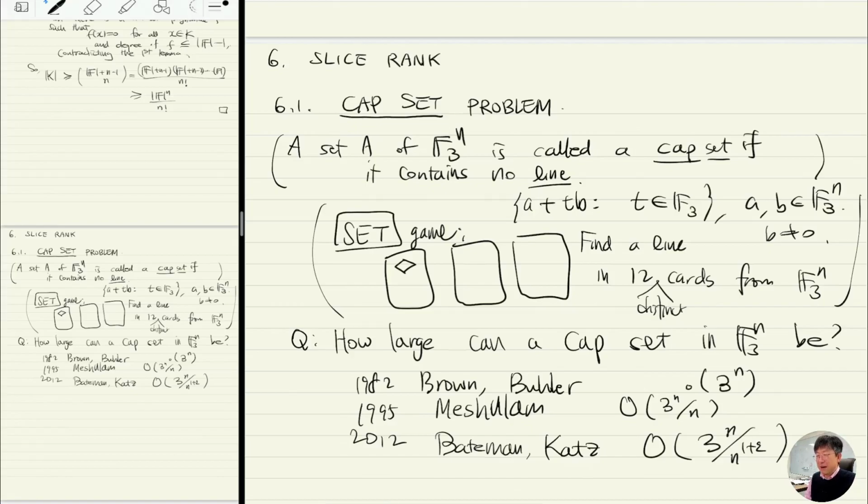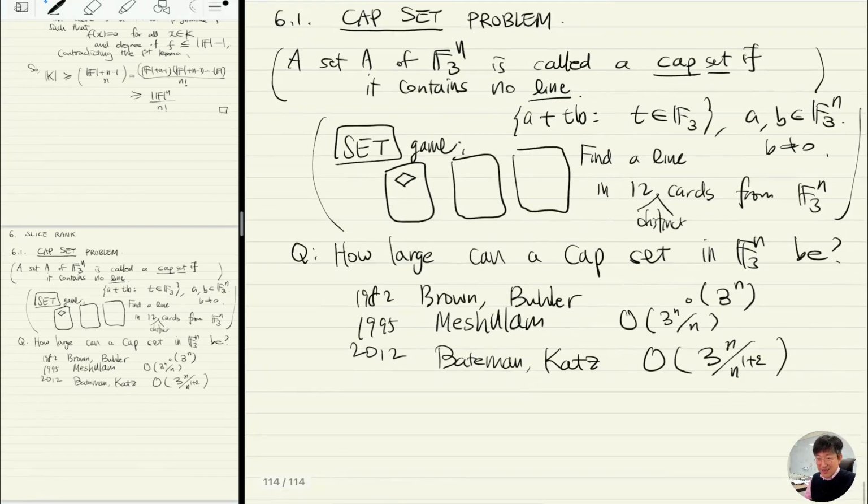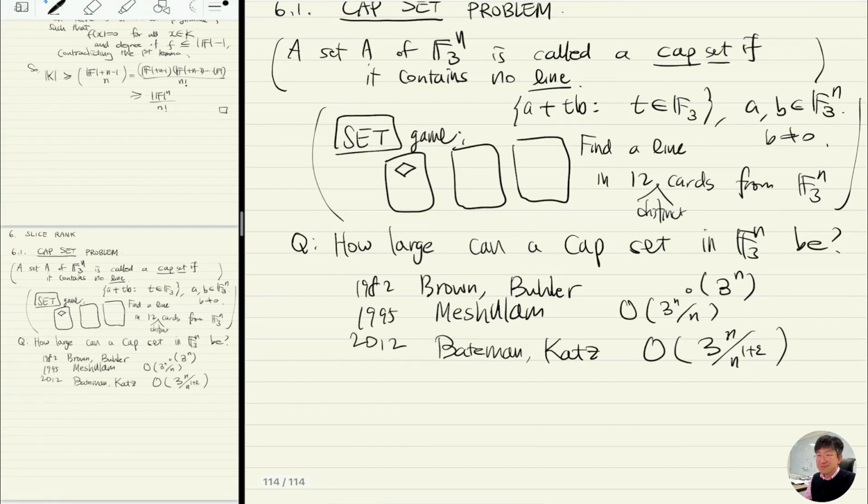They made a lot of Fourier analytic and spectral arguments, and this is highly complicated. So that was the status until 2016. There was a big breakthrough.